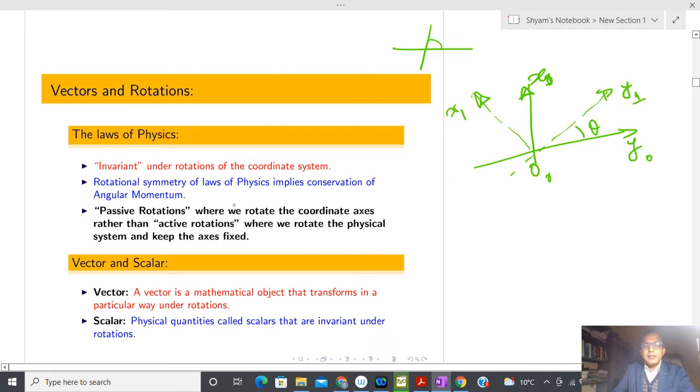Okay, and this rotational symmetry of the laws of physics implies conservation of angular momentum. We all are actually familiar with that.